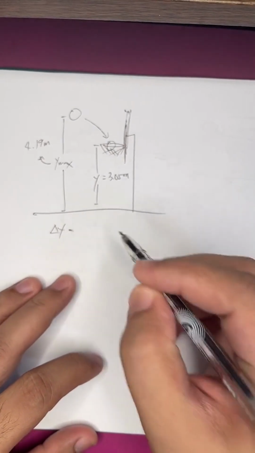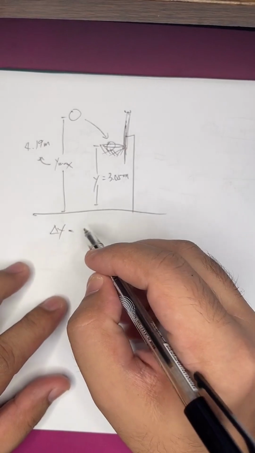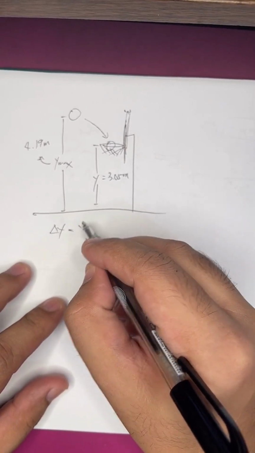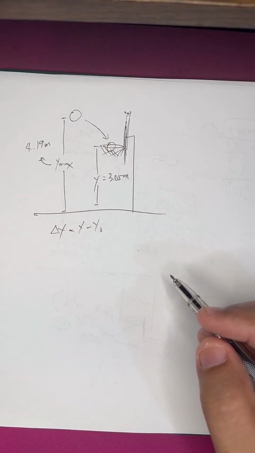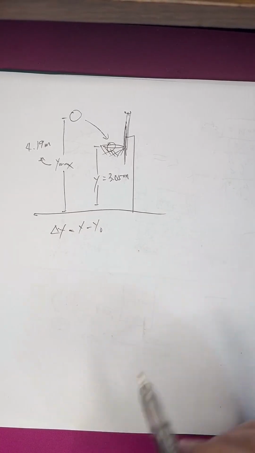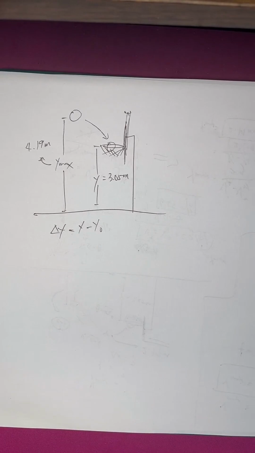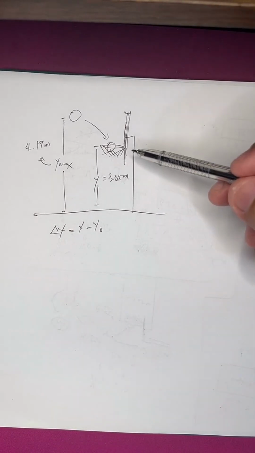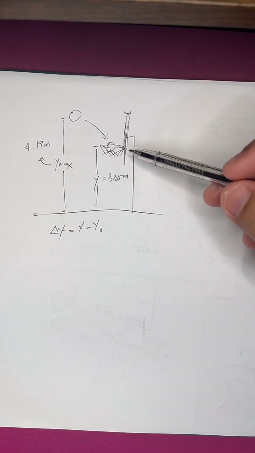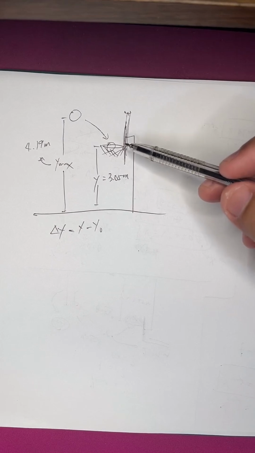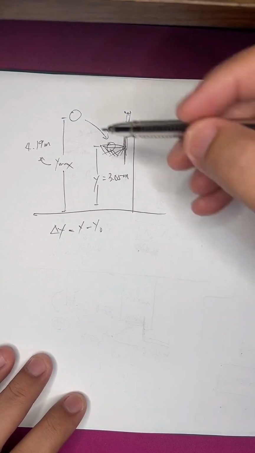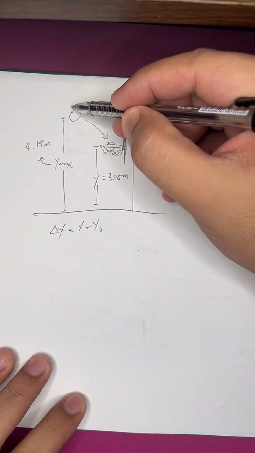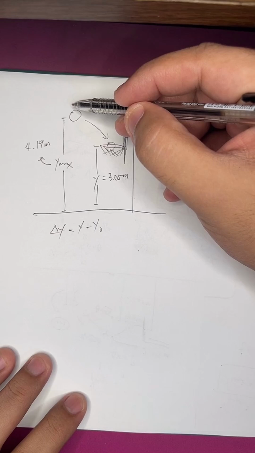Delta y would be equal to the final position y minus y naught. Now, from what we are seeing here in this situation, our final position would be the position of the ring. So that is our y, or the final position. Y naught will be the max height, the peak height.